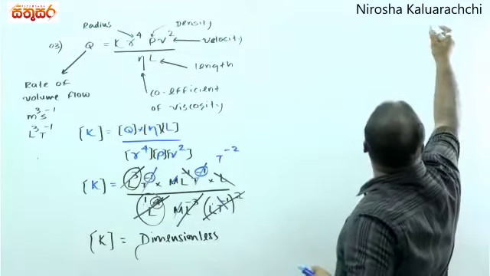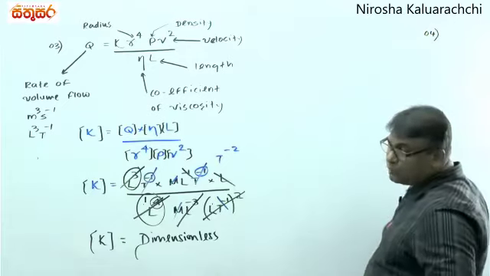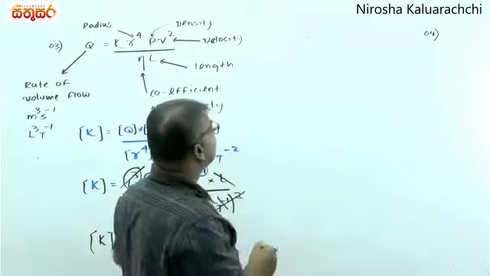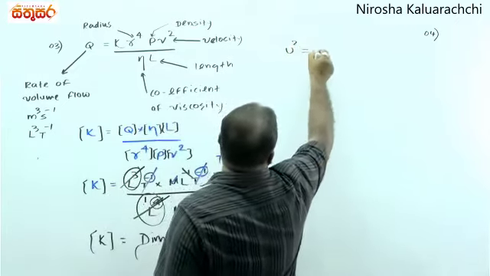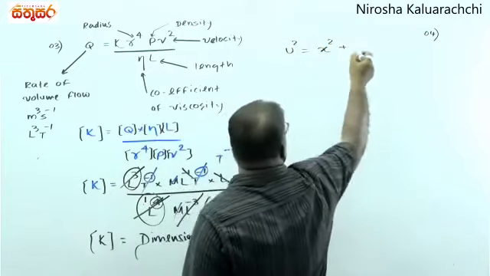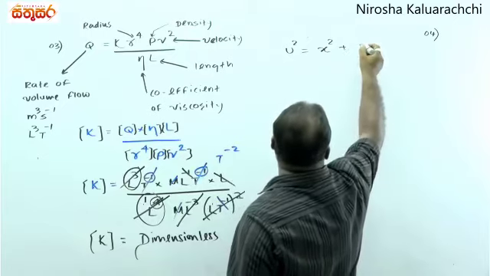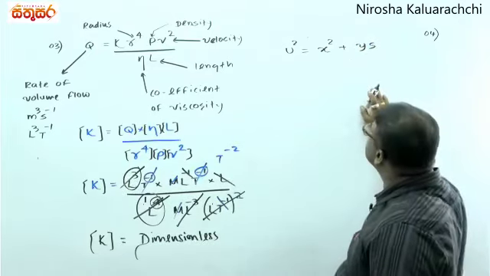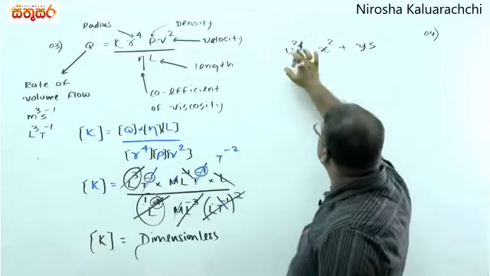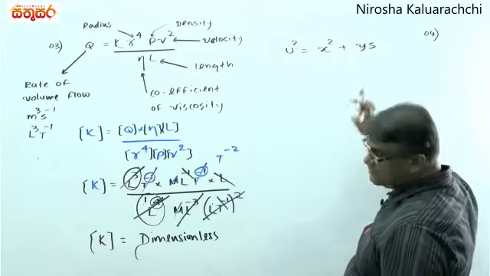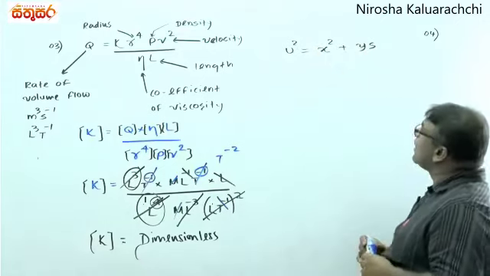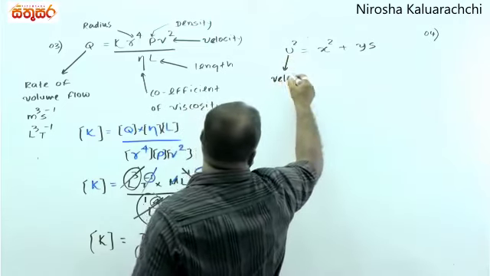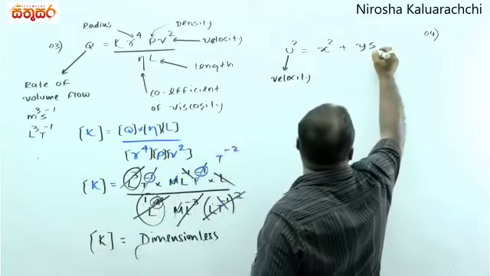Number 4. Write down. Velocity of a moving object is related with the following equation. v squared equal x squared plus y s, where v is velocity, s is displacement.